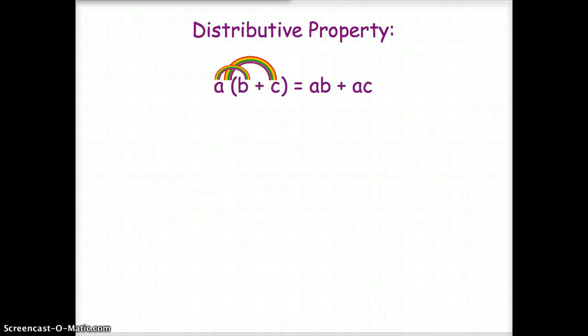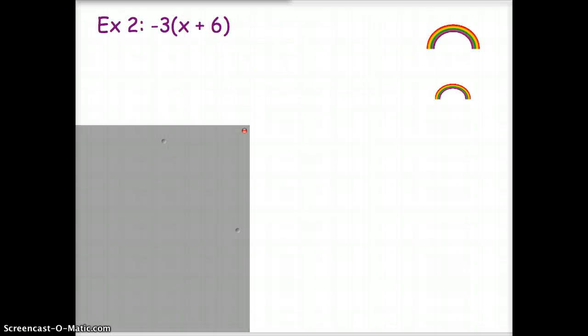So the distributive property, if you have a times the sum of b and c, that's the equivalent of taking a times each piece, or taking ab plus ac. Let's look at an example. Example 2, I've got -3 times the sum of x and 6. Well, that means I can just distribute. I can take -3 times x and get -3x.